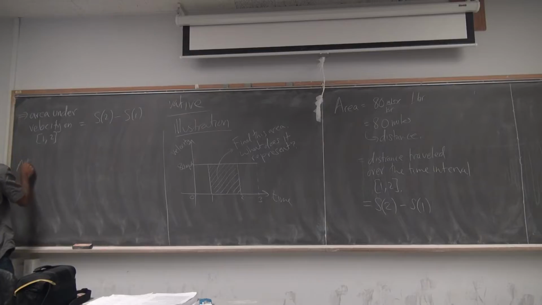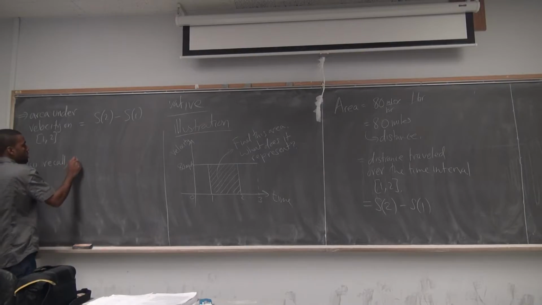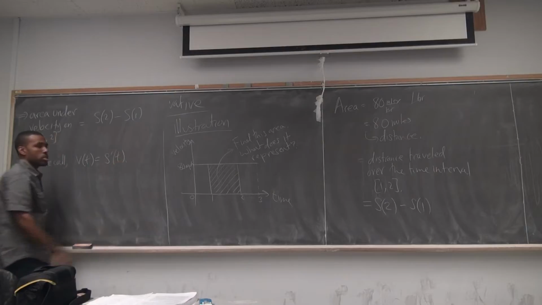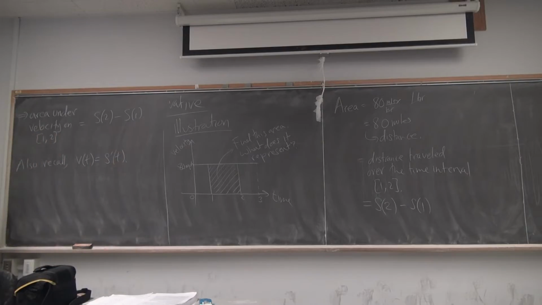Also recall that the velocity is actually the derivative of the position. So in other words, if I look at the area under a function, under the derivative of a function, it kind of gives me information about the original function, which is, well, I find that interesting.